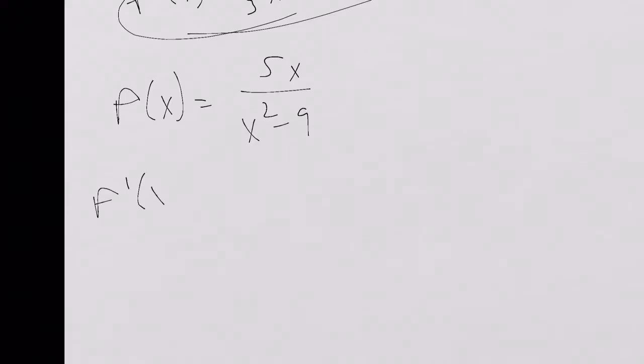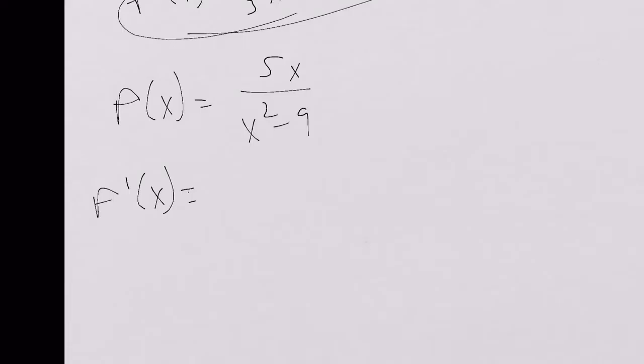The next one that was using the quotient rule, one I had was 5x over x squared minus 9. To find the derivative of it, we're going to use the quotient rule. So I've said low d high minus high d low all over low squared.